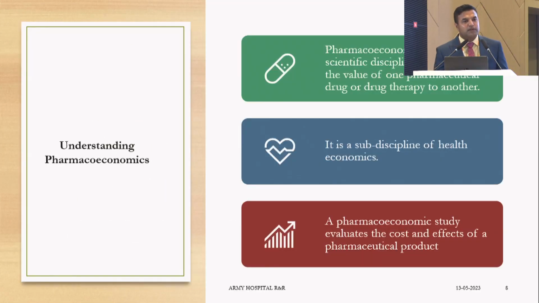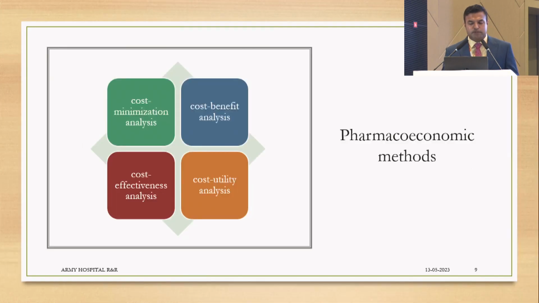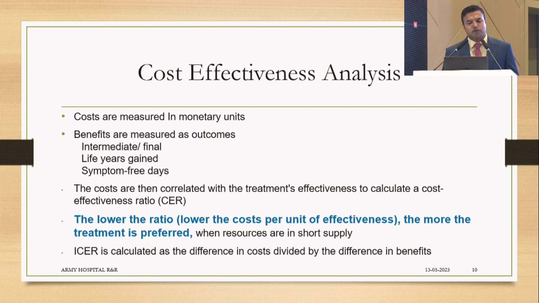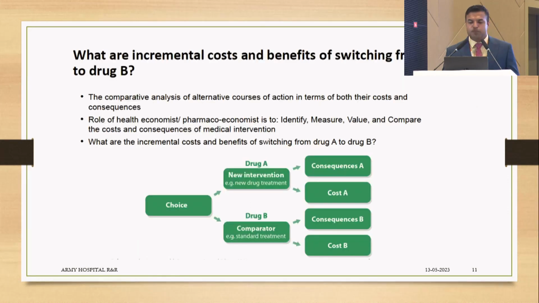So first, to understand pharmacoeconomics, it is simply the science of telling us, when we compare the value of one pharmaceutical drug to another, which one is better. It basically dwells on the cost and effect of a pharmaceutical product. The methods it uses include cost effectiveness analysis, where cost is measured in monetary units and the effects are measured, and wherever we find a lower ratio of cost to effectiveness, that particular intervention is preferred.